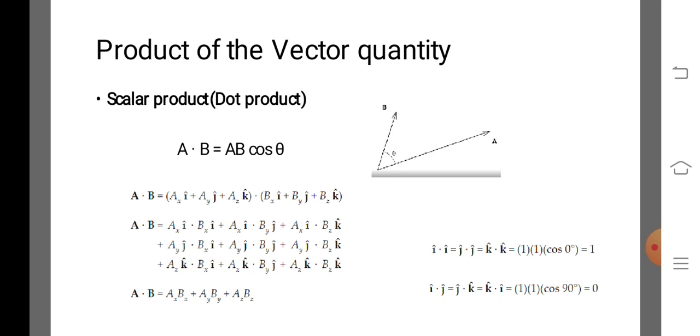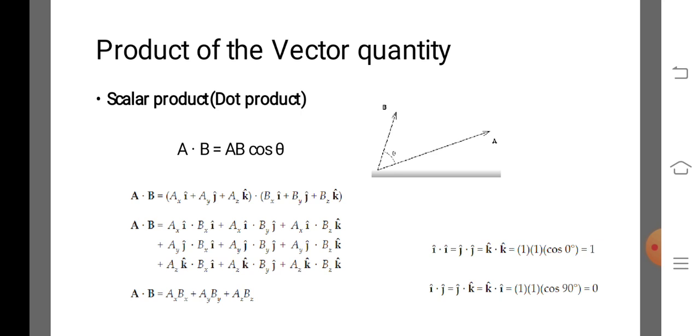So we will get the multiplication mentioned on the slide. So we can come out with a dot b equal to ax bx plus ay by plus az bz.